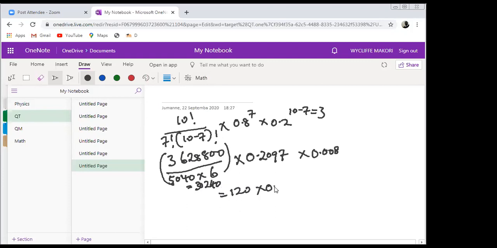Then you multiply by 0.2097 times 0.008. 0.2013. That is the probability, and that is the answer.